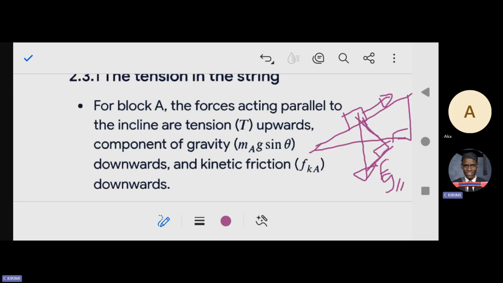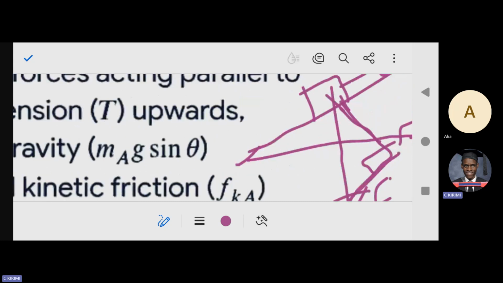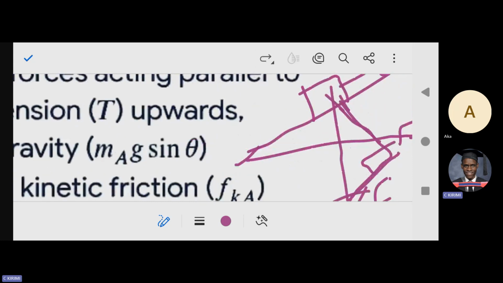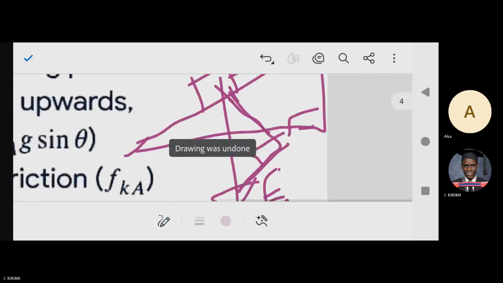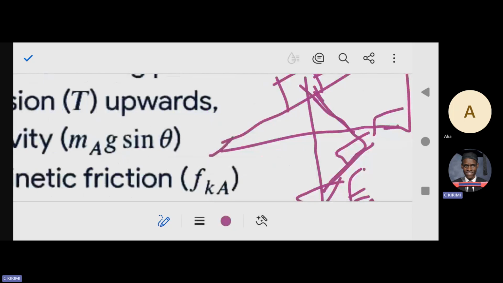FG parallel component. Then this is the component that we refer to as FG perpendicular. And this is the component that you are referring to as the gravitational what? Force. That is your hypotenuse.